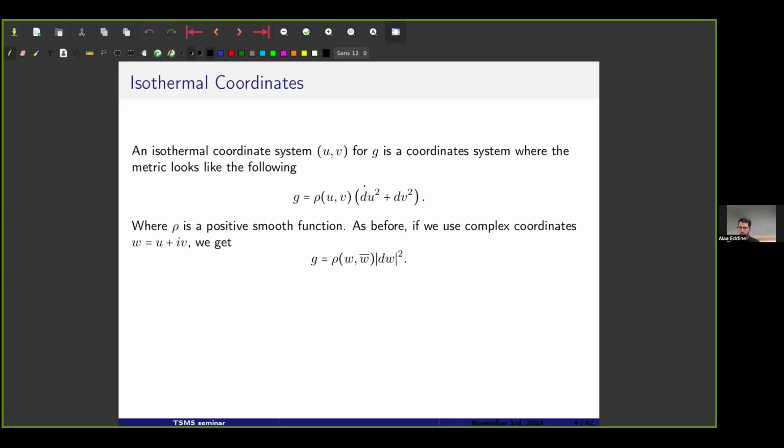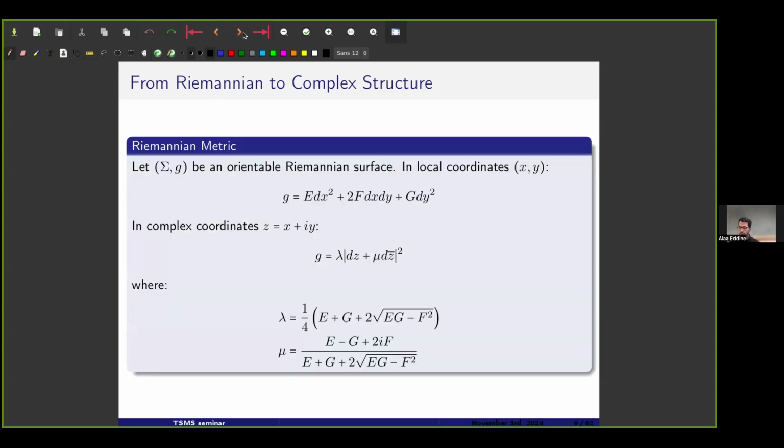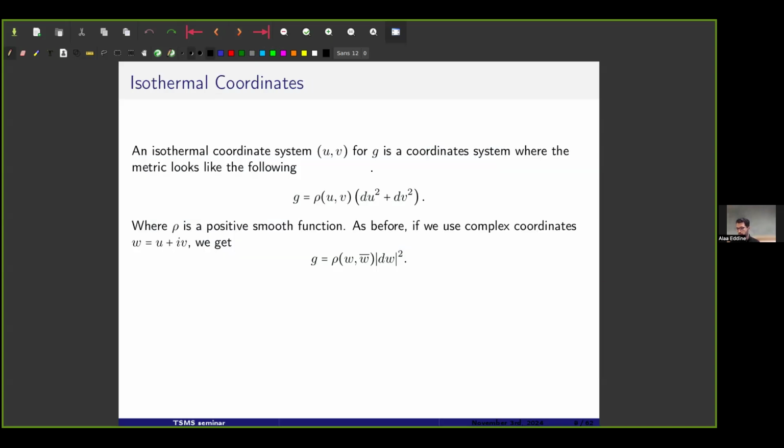This is just the Cauchy-Riemann equations. So the idea is from a general coordinate system, we want to get this isothermal coordinate system, and then if we can do this, then any Riemannian metric will define a system of complex charts.